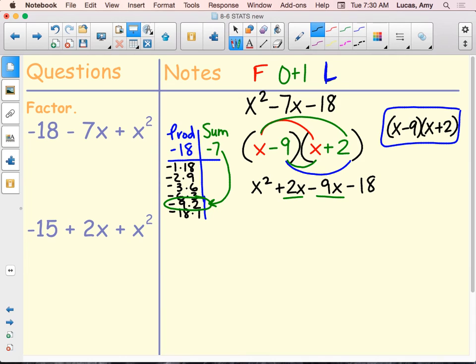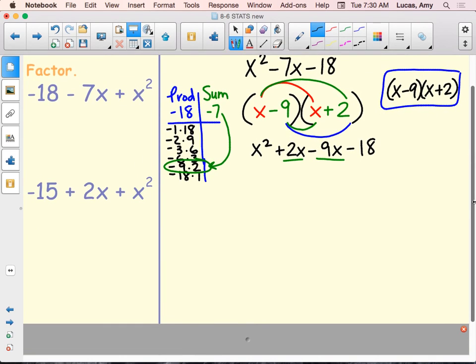One more of these before we do zero product property problems. Again, I need these in order, x squared, then the plus 2x minus 15. So my first product, x squared, so x times x.